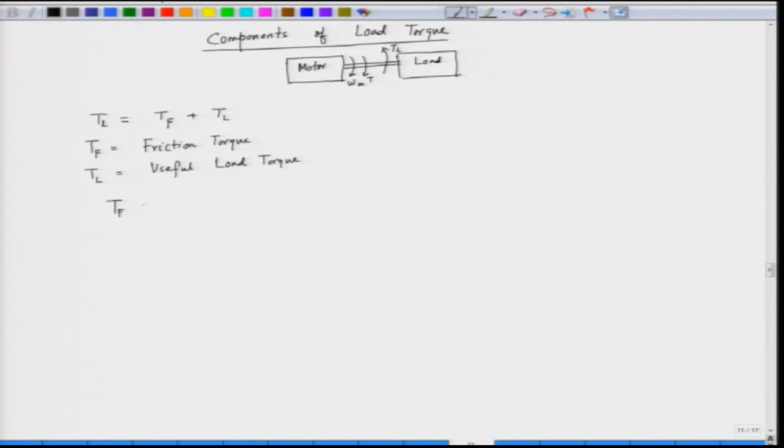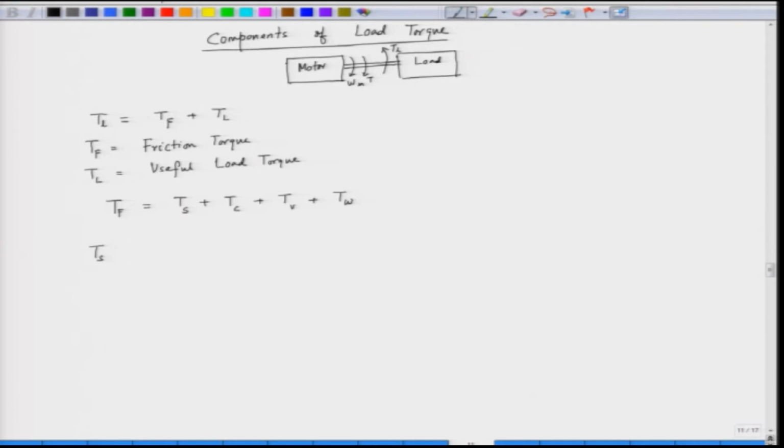Now, when we talk about various types of friction, this TF consists of one friction which is called the static friction, TS. Another type of friction is called the Coulomb friction, TC, and the third type is called the viscous friction, TV, and the fourth type of the friction is called the windage friction, TW.